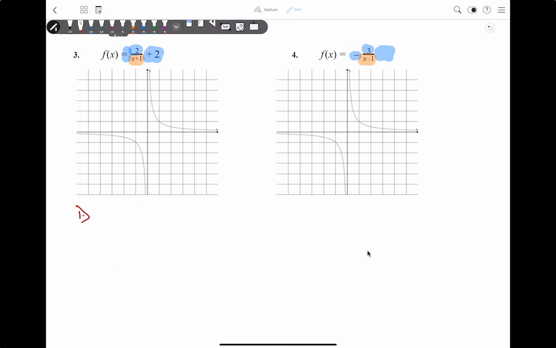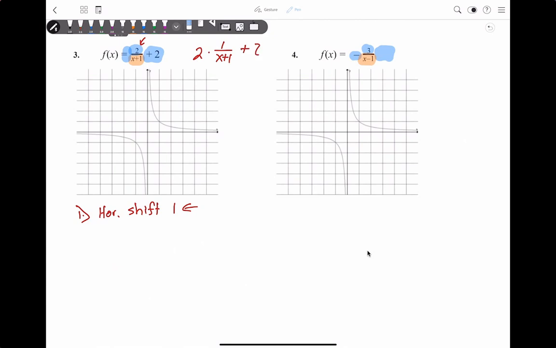So the first one is a horizontal shift because it's addition, 1 unit to the left because we do the opposite. Okay, so now I'm going to look at this number 2 right here. This number 2 could also have been written as 2 times 1 over x plus 1 plus 2.